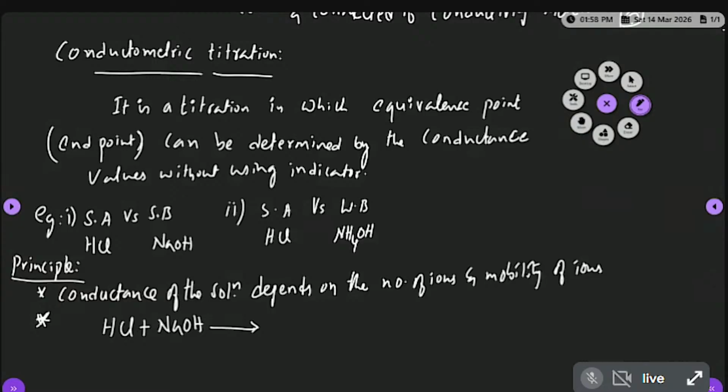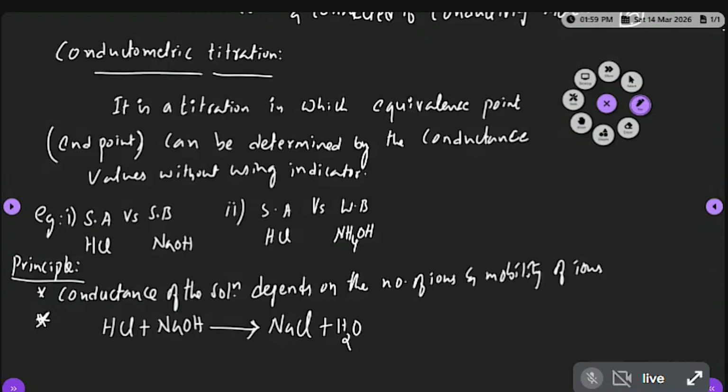And by that, sodium chloride and H2O, NaCl and H2O, are formed. Here we are taking strong acid and strong base. When strong acid is added to strong base, salt and water are formed.